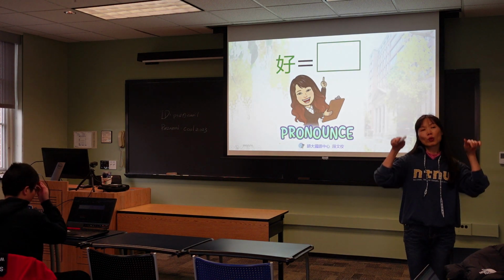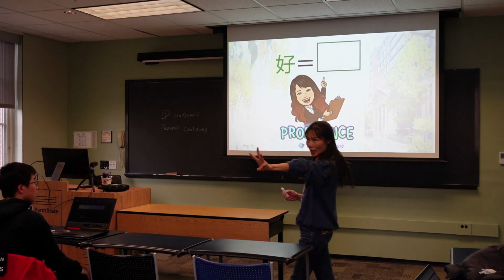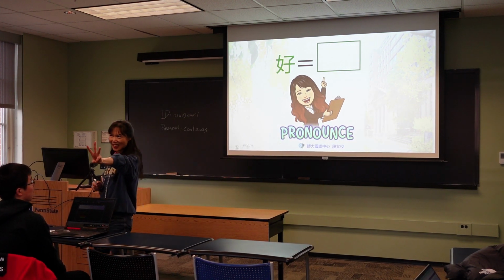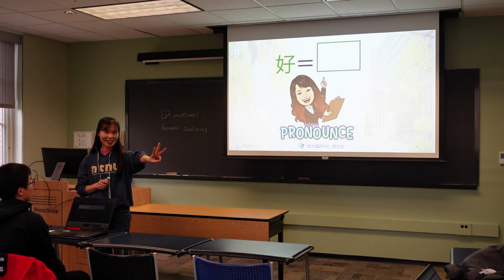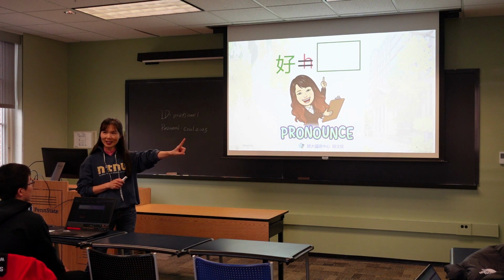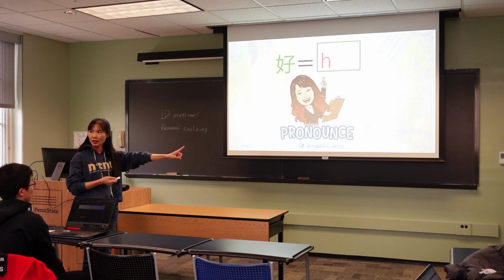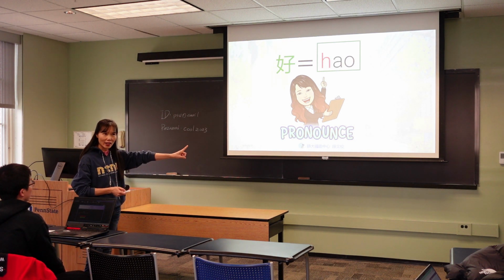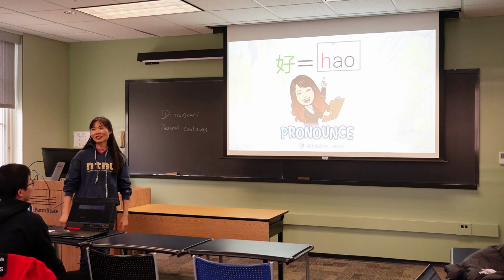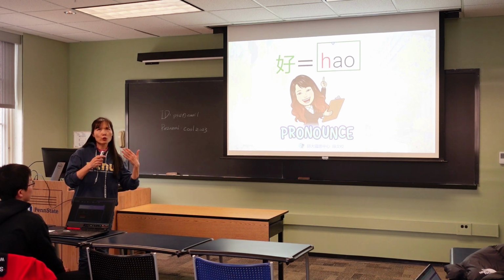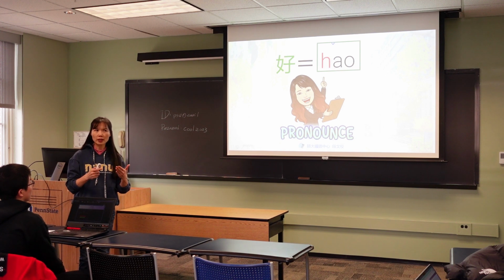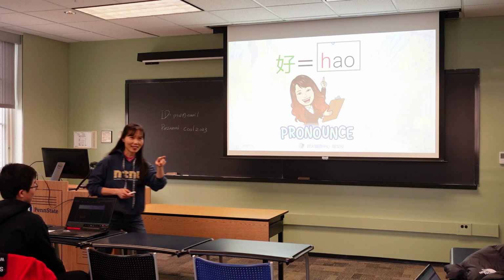Yes, and each syllable consists of three elements, which are initial sound, right, and final sound, and tones, right. And which part is the most important out of these three elements? Tones. Why?